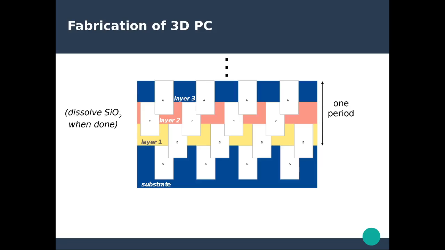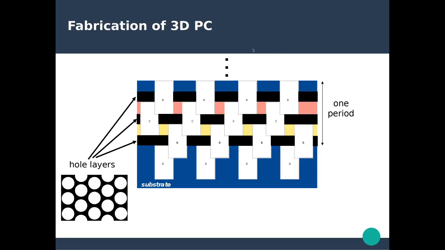So if you focus a little bit on what we obtain with the structure, if you take a cross section along those black regions here, you can see that you're going to have circular holes organized on a hexagonal or triangular array within those layers made of silicon.